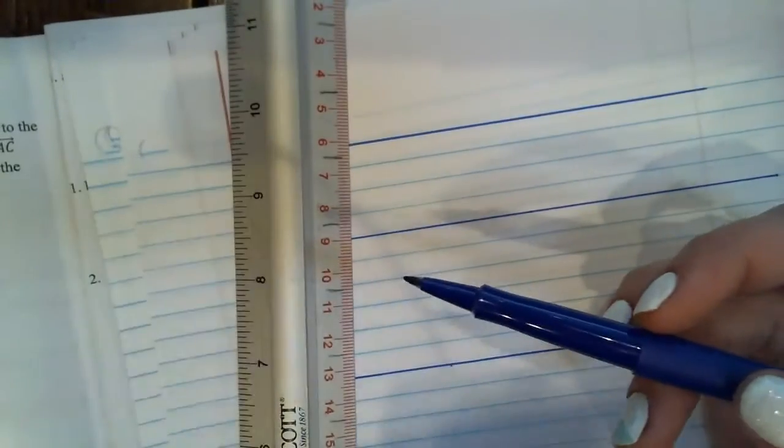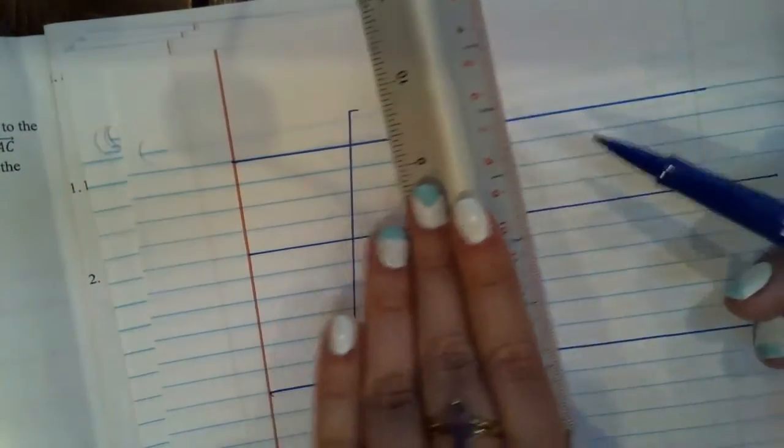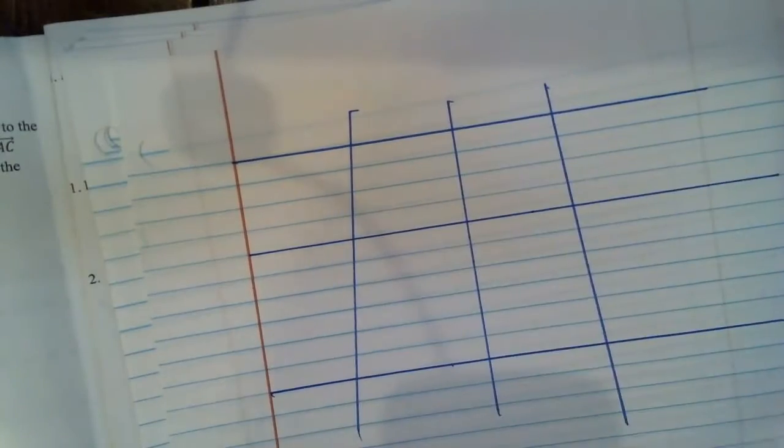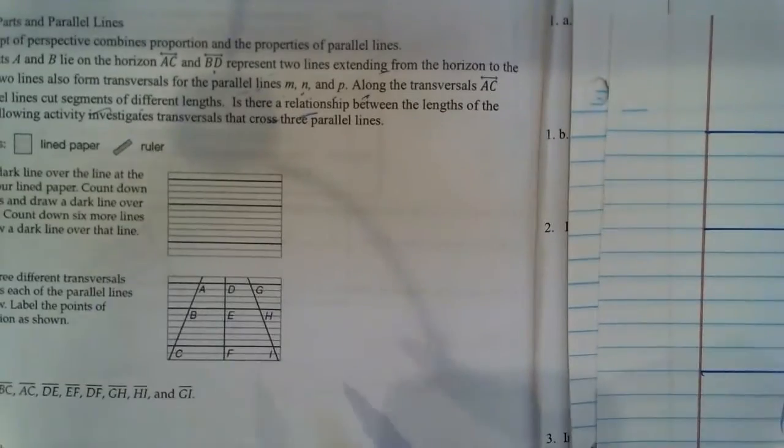All right, draw 3 different transversals that cross each of the parallel lines you drew. Label the points of intersection as shown. So I'm going to draw just 3 lines like that. And as this diagram shows, I'm going to label my points like that.